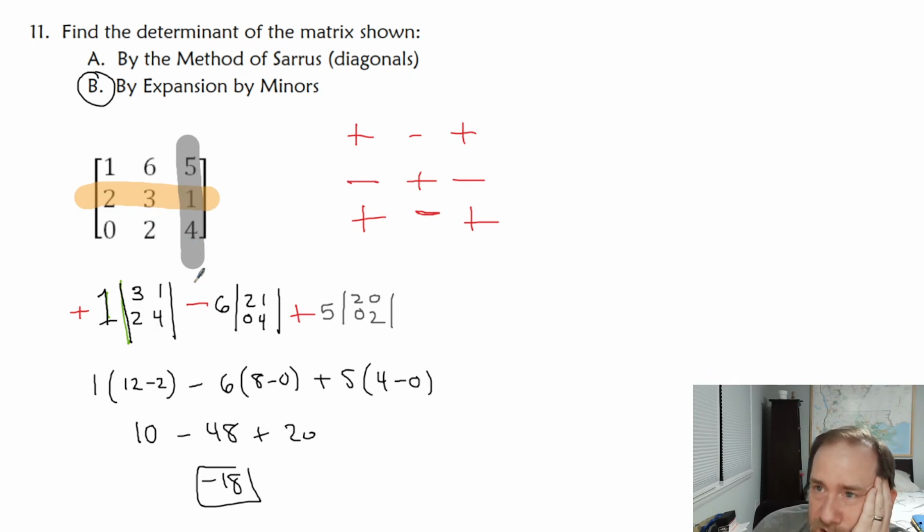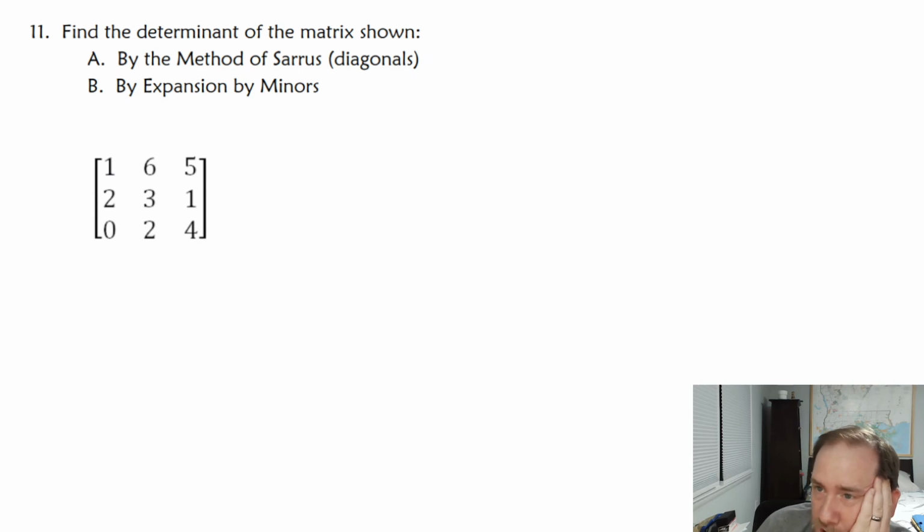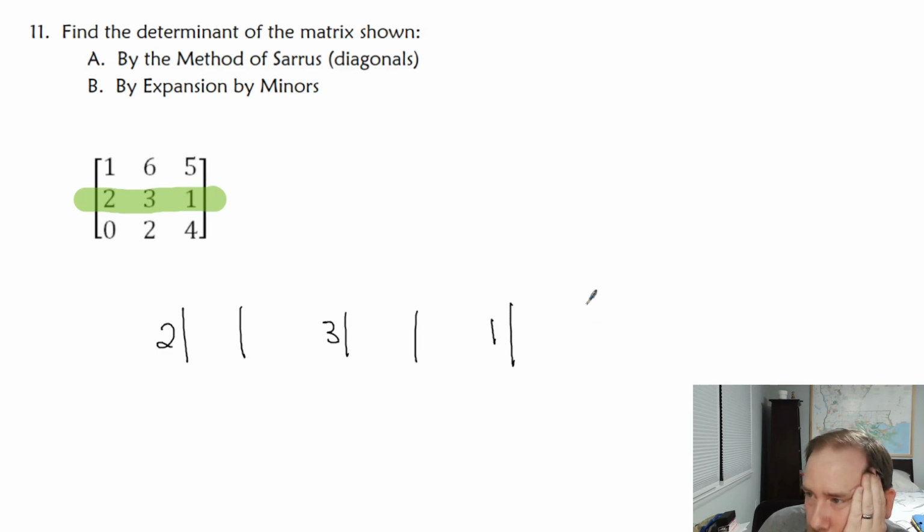All right, I said I would do this again, and I'm a man of my word. Okay, duplicated it. Clear. Nice. So how does this look if we had chosen to go across row 2? That just means my coefficients are now 2 times the determinant, 3 times the determinant, and 1 times the determinant.